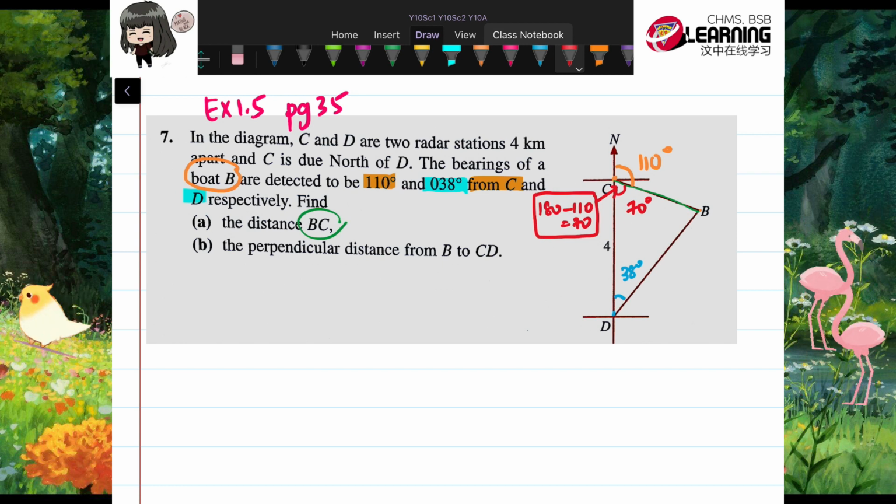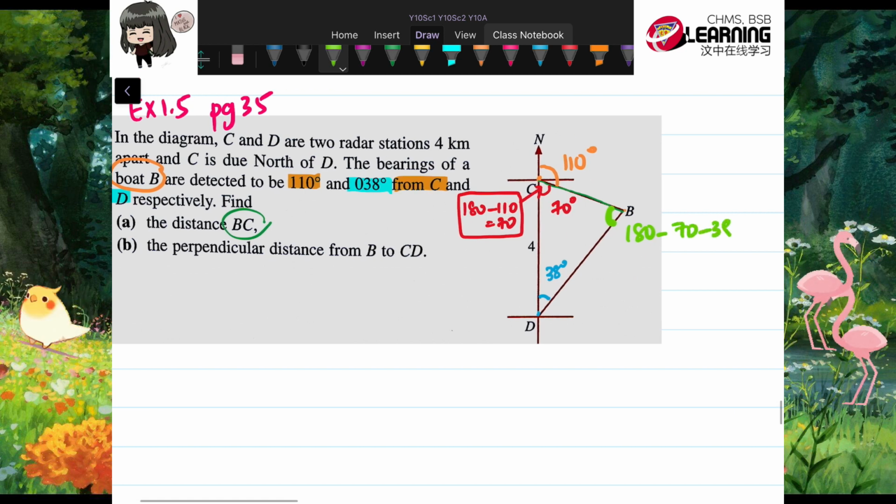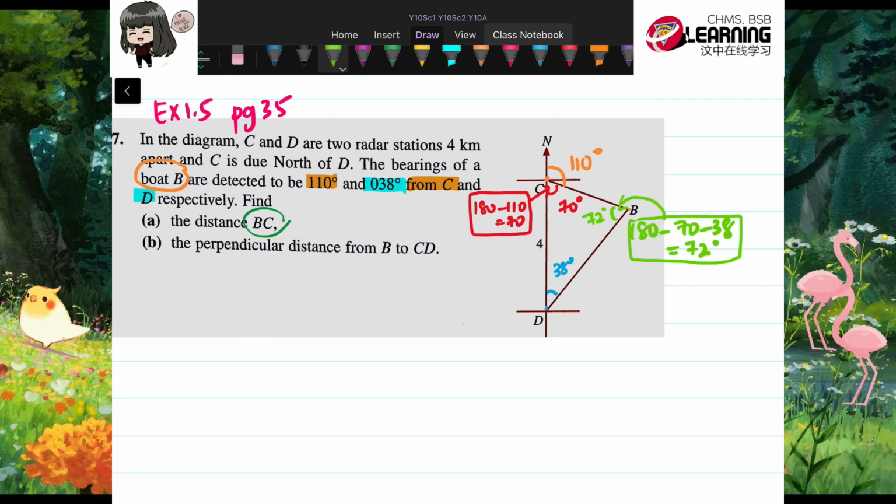Okay, and then look at what we have. We have 38, we have 70, we have 4. So we can actually find this angle over here also. This angle will be 180 minus 70 minus 38, and we get 72 degree. Therefore we can find the length of BC using sine rule, 38 with the BC and 72 with the 4.